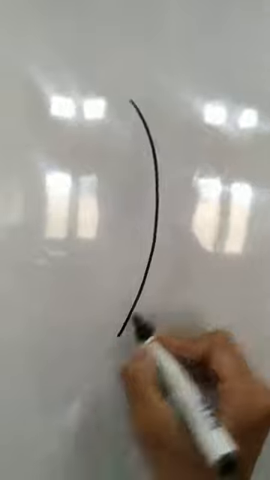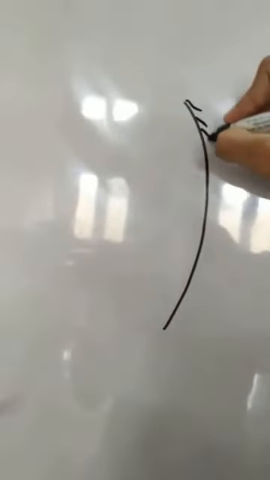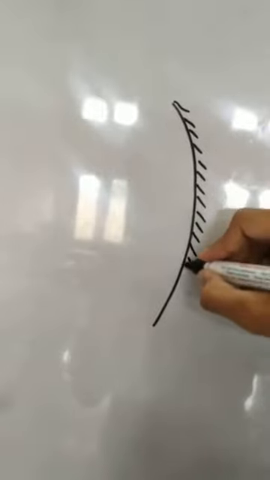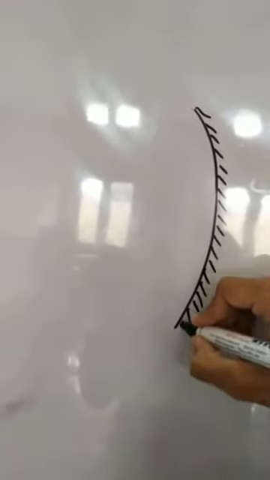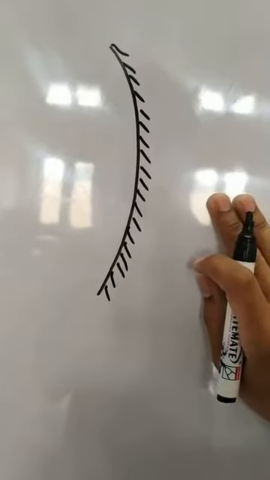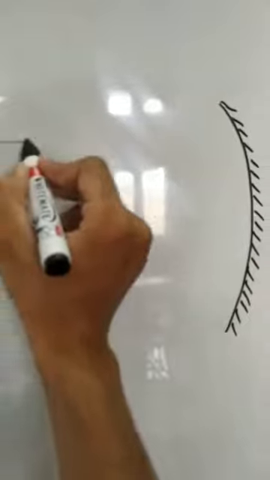Now take a spherical mirror. The reflecting surface is curved inward, so it is a concave mirror. As I told you, the ray which comes before reflection is known as the incident ray.